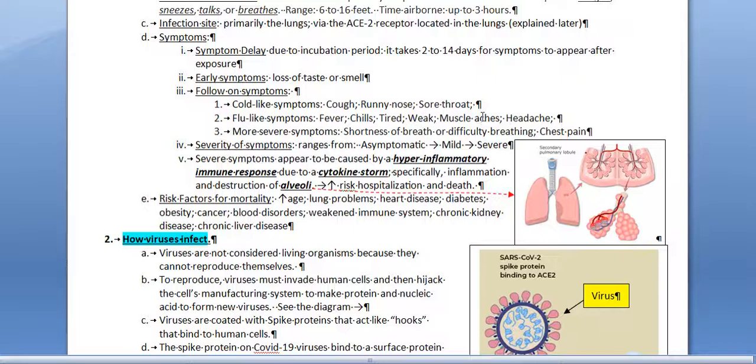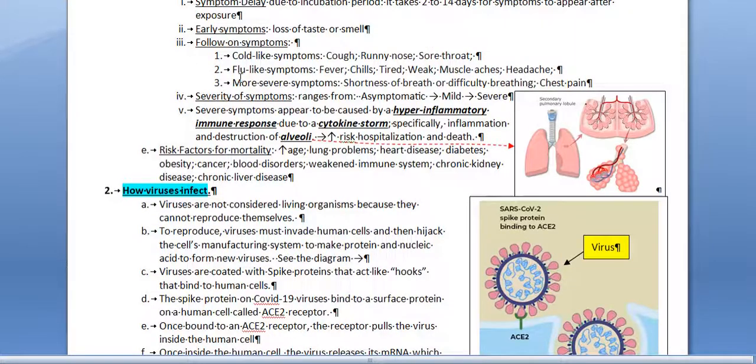Those are more flu stuff. And then you can have severe symptoms like shortness of breath, difficulty breathing, chest pain. The severity of symptoms ranges from asymptomatic to mild to severe.